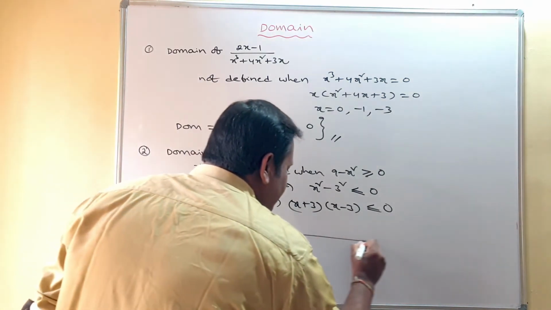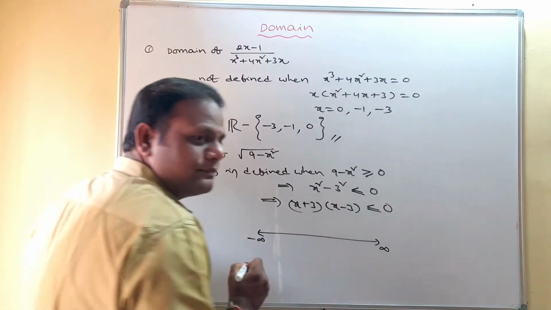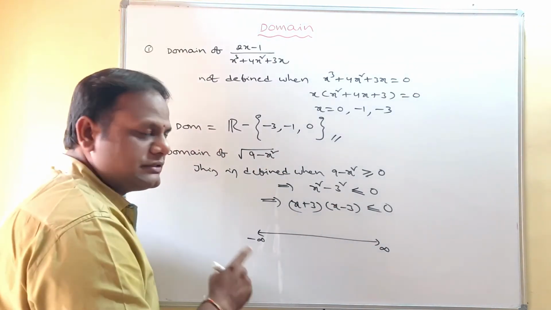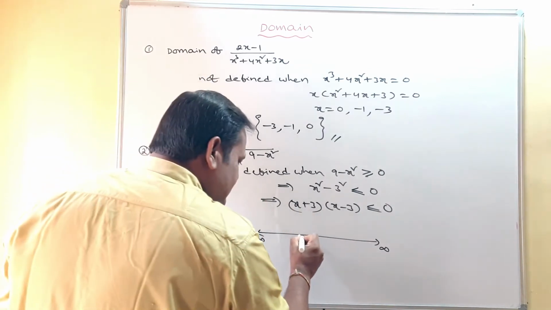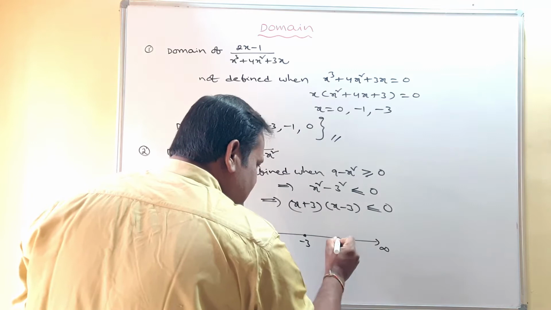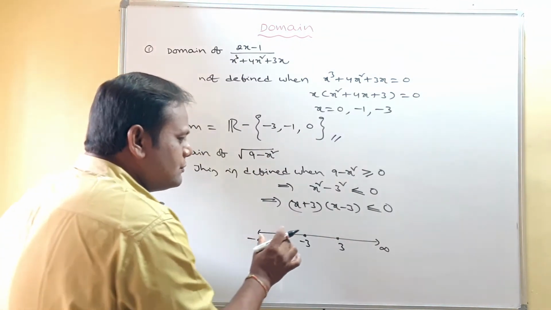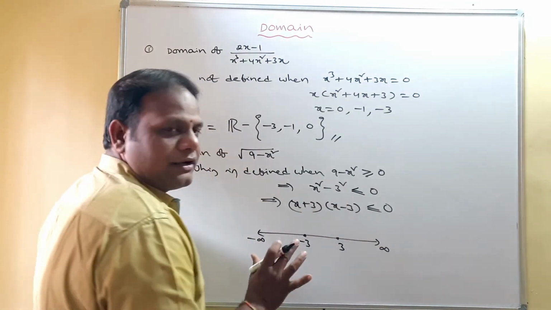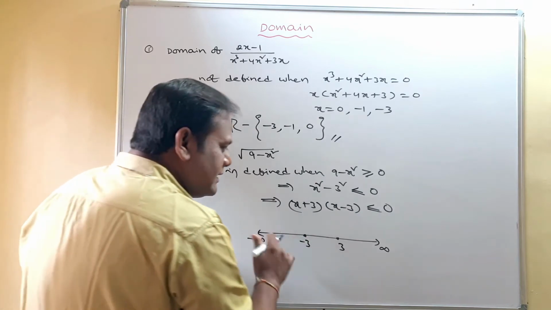You know how to find the solution to this inequation. We take the real line, minus infinity to infinity, and mark the points. Here the x values are minus 3 and 3. In any interval you take one point and verify.